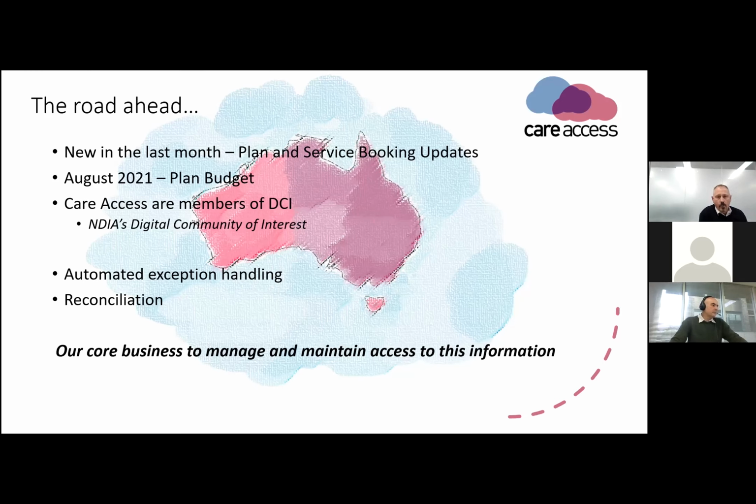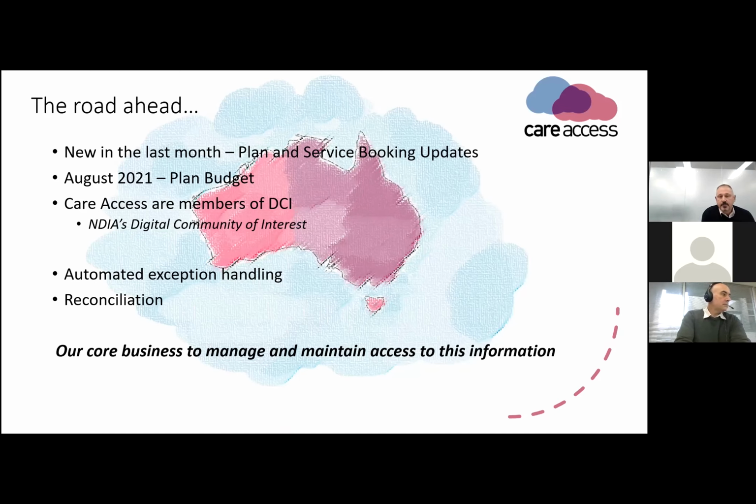On the roadmap for August this year is the new API around plan budget. We don't have all of the details around this yet, but essentially it's something we've been asked about quite a lot: can we retrieve the participants' plan budget or the type of plan, which will make life easier for you. So that is coming.